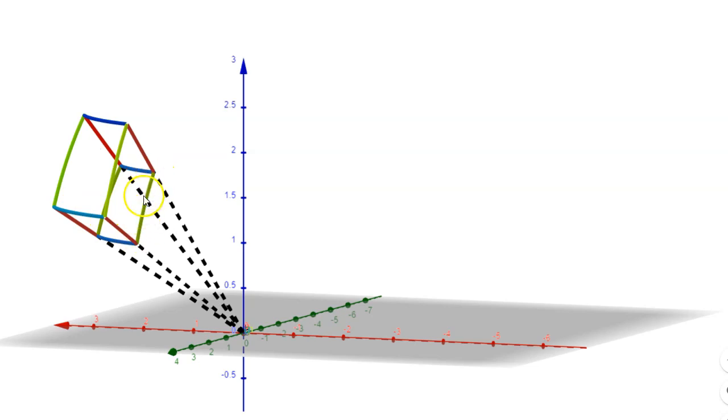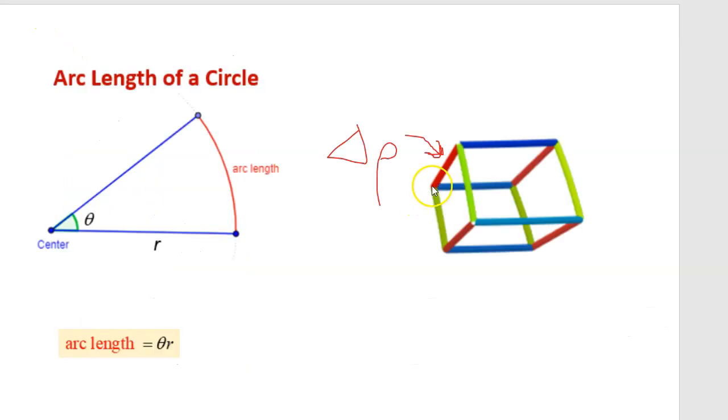When we're looking at the arc length of that dark green piece, once again, this down here is where rho originally was before we added delta rho. So this is rho, and the green angle was the change in phi. So for this one, we get rho, and the angle is delta phi, and that's this side length. All right, so rho delta phi. All right, now finally the blue.